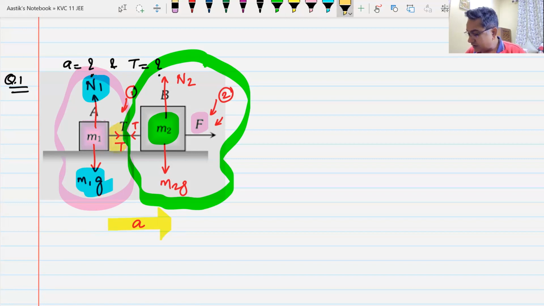Now what you see here is that T is in the forward direction, but there is no force in the reverse direction. So what will be the equation for this block? T is in the forward direction, and there is no force in the backward direction. So what is the equation of block number one?